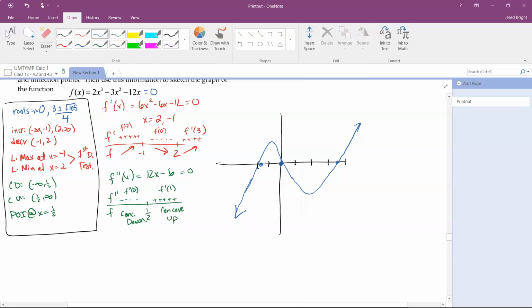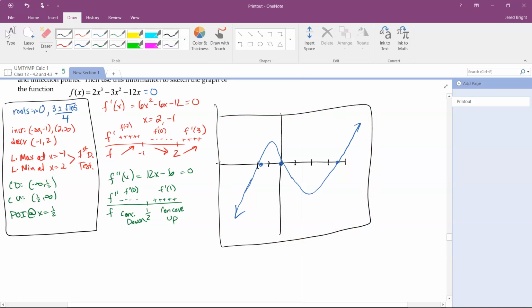Okay, so now I just want to make sure that this has all the features that I need. Does it have the roots? Yes. Does it have the increasing and decreasing properties? Yes. Does it have the maximum at the specified value and min at the specified value? Yep. Does it look like x is equal to 1/2 is the point of inflection? Yep, pretty close. So I would say this is a relatively good sketch of the graph of that function.